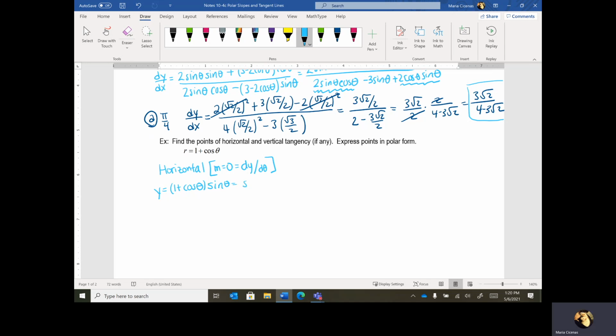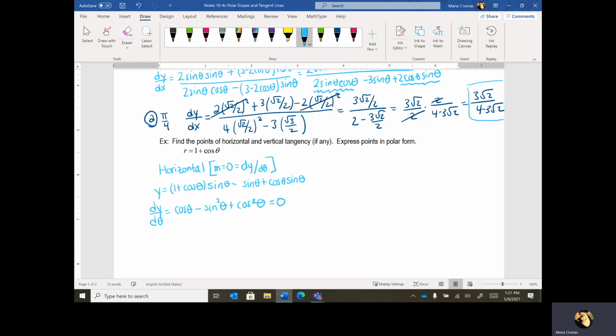I think I will go ahead and distribute this before I take my derivative. That's just my preference. Okay, now I'll get dy d theta. Derivative of sine is cosine. Apply the chain rule. Let's see, I'll do the cosine first and get a negative sine squared plus cosine squared.